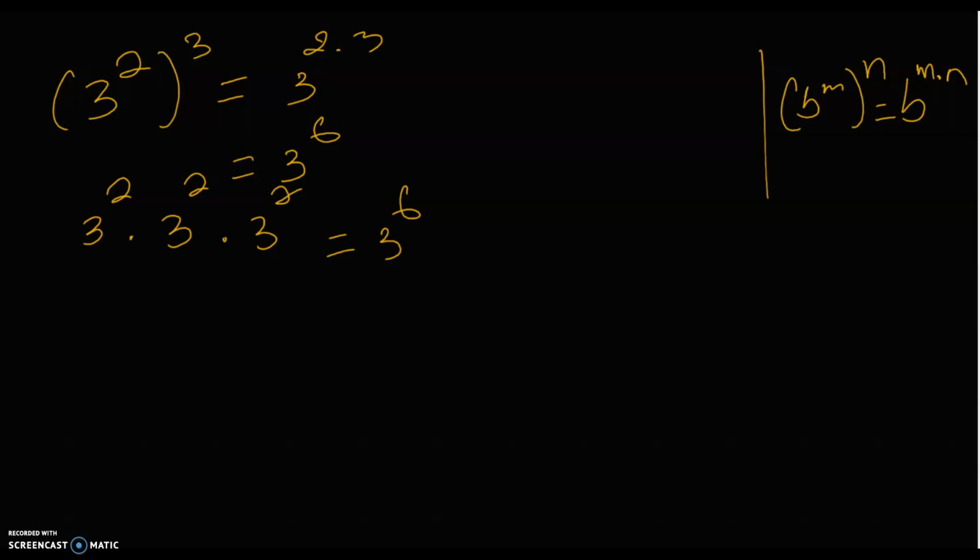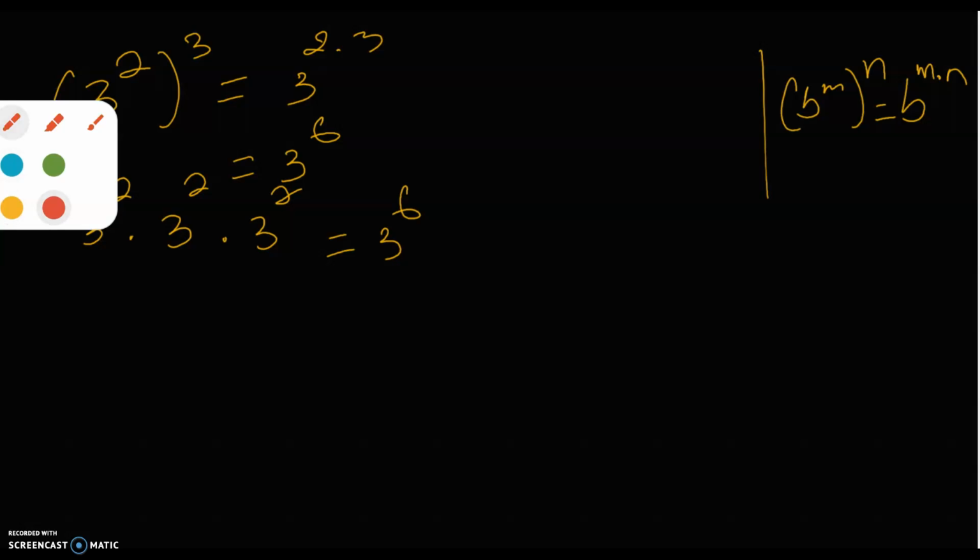What I want you to understand in this example is when you have a power raised to another power, what can you do? In that case, you keep the base and you just multiply the exponents. Let's do another one.